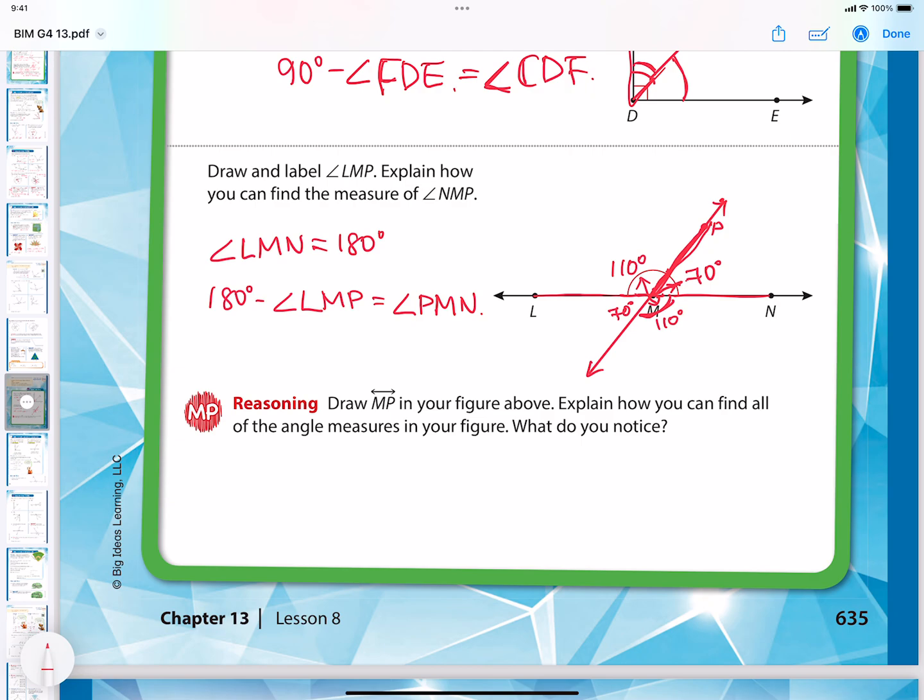The sum of the adjacent angles equals 180 degrees, right? And the opposite side is the same angles. So you can use it, okay? But you can also use the opposite angle strategy. Opposite angles have the same measure as the angle on the other side.